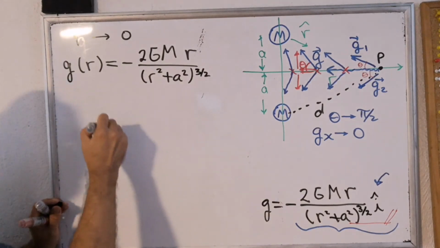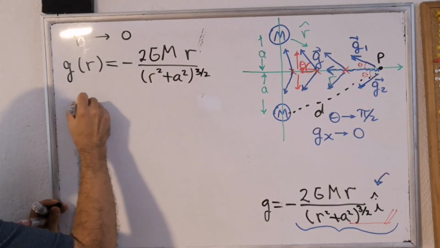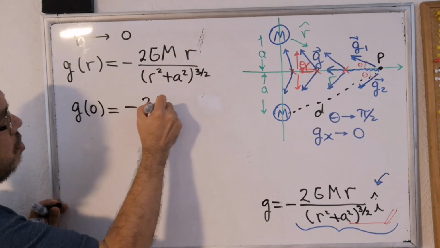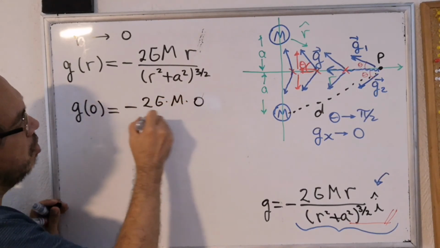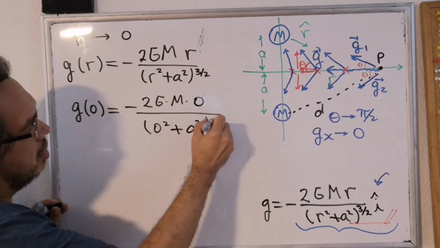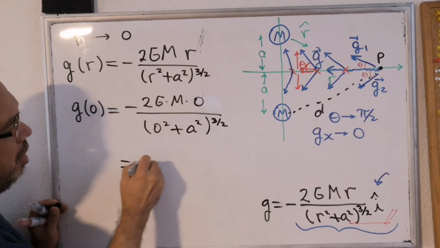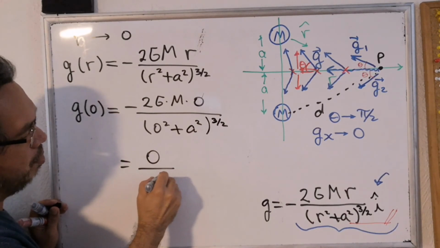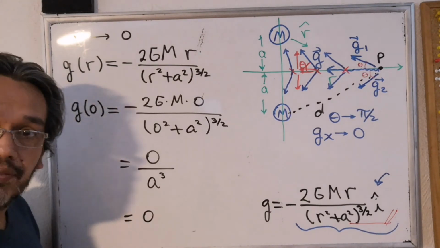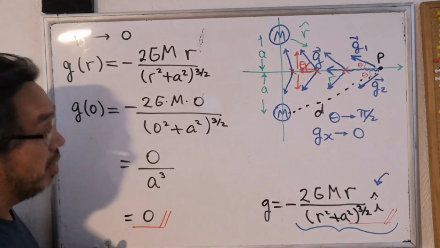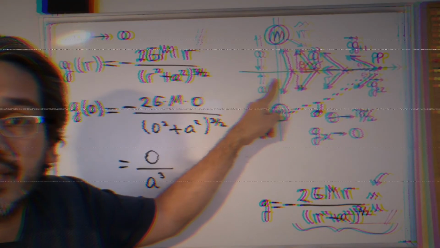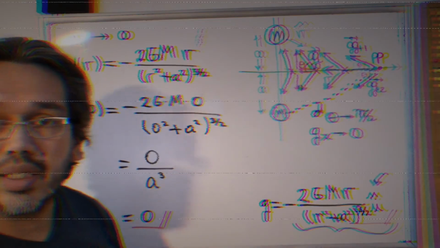So you can tell that G at position 0 is equal to negative 2GM times 0 divided by (0 squared plus A squared) to the 3/2. And that's 0 over A cubed, which is 0. So the mathematics agrees with the physics of this situation, and at the origin of your frame of reference, the gravitational field is 0.